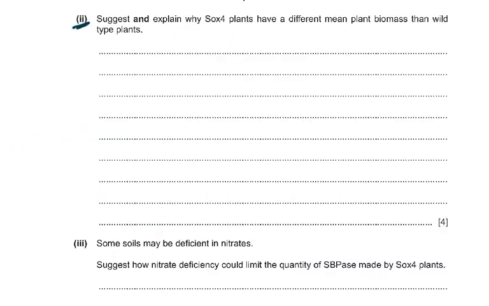And then coming to part 2 of the question, it says suggest and explain why SOX4 plants have a different mean plant biomass than the wild type variety. Why? Because they are GM. They have an extra copy of the SBPase gene. So that means there is more transcription of SBPase, so more SBPase will be produced. That enzyme will be more.